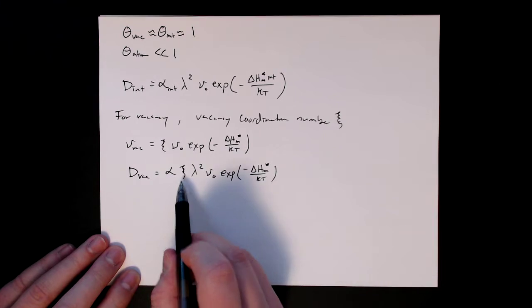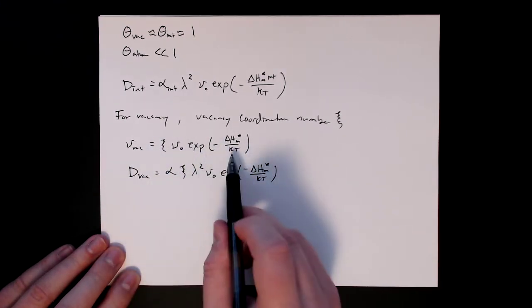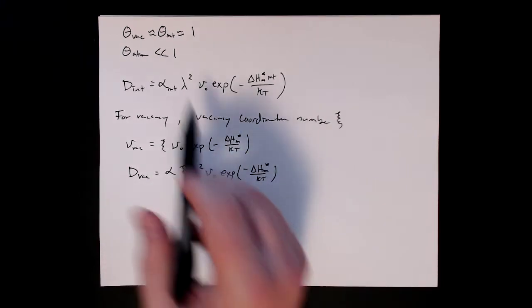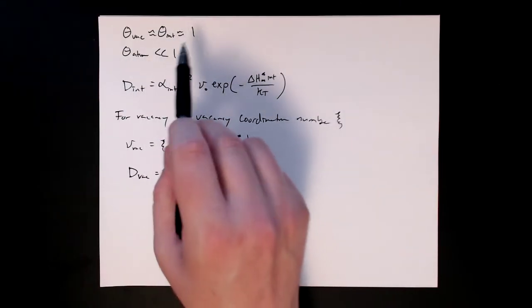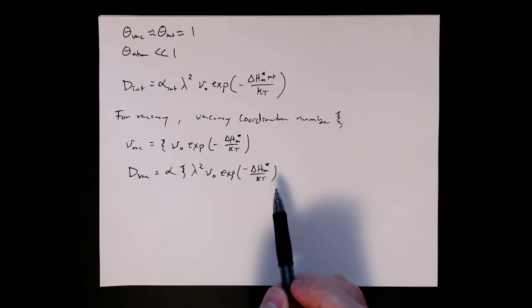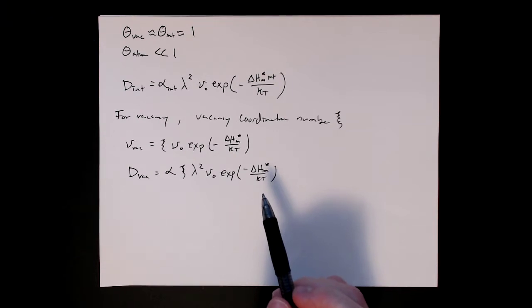So this coordination factor is strictly for the energy calculation. And then we also have theta. I misspoke a bit earlier. So theta we're still saying is approximately 1, because most of those vacancies are surrounded completely by atoms, because we have a very low amount.